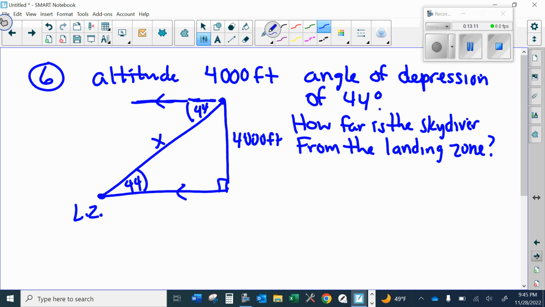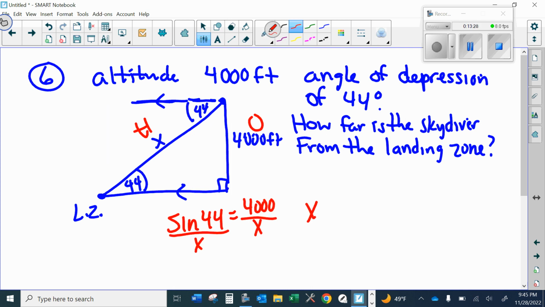So now I go ahead and figure out which trig function I'm looking for this one. So identify it. Well, obviously that's my hypotenuse, and there's my opposite. So I have sine. Sine of 44 equals the opposite, 4,000, over the hypotenuse, x. Cross multiply, I get x sine 44 equals 4,000, divided by sine 44 on both sides.